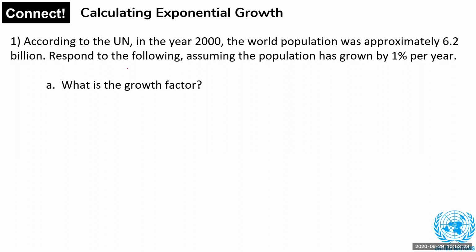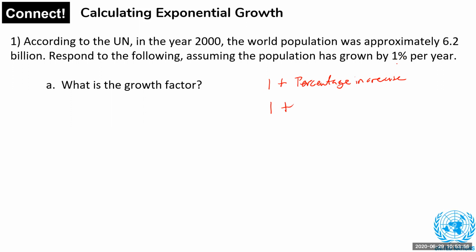Okay, so we are going to refer to the formula on page 108. So the growth factor, we know, is 1 plus the percentage increase. So what is the percentage increase, which is 1%? So we have to change 1% to a decimal.